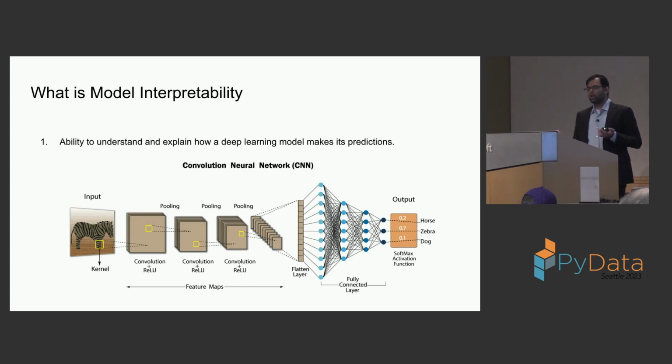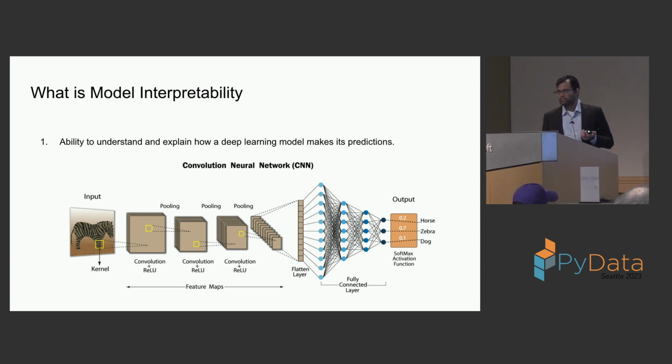Now, what is model interpretability? Let's take a simple example, a simple neural network called a convolutional neural network. The assumption here is the neural network is already trained on a few animals, and zebra is one of them, as seen here. Then at test time or inference time, you give an image of a zebra that was not given in the training, you feed it through the neural network, and it gives you a confidence.